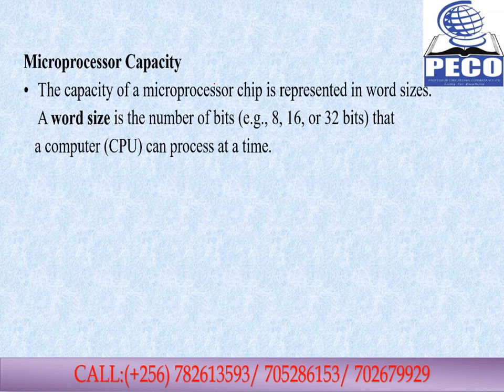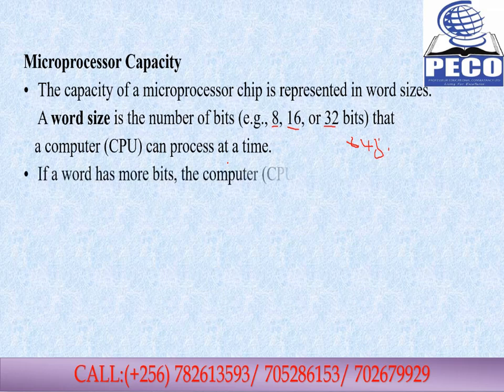So word size can be represented in bits, or which you can say this processor can process 8 bits at a time, or 16 bits at a time, or 32 bits at a time. But also there is 64 bits. They call it 64 bits processor.